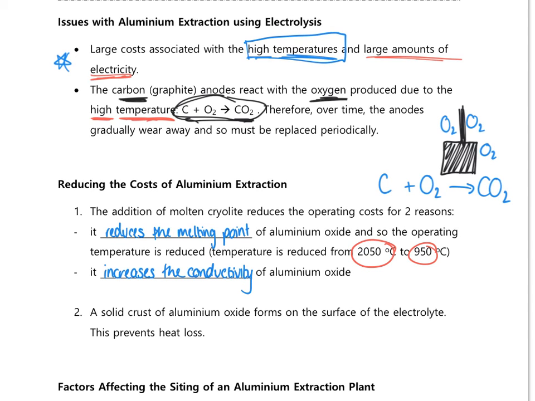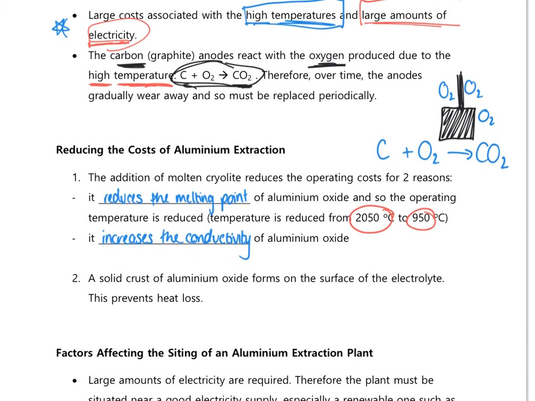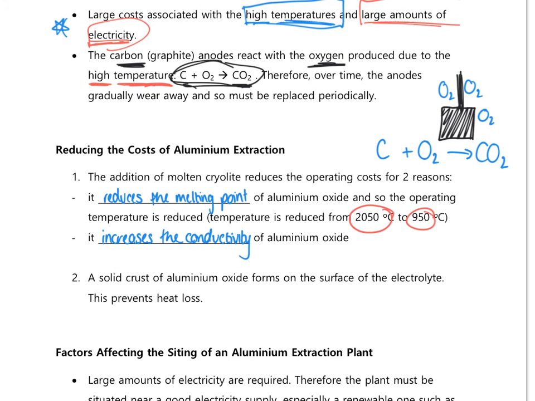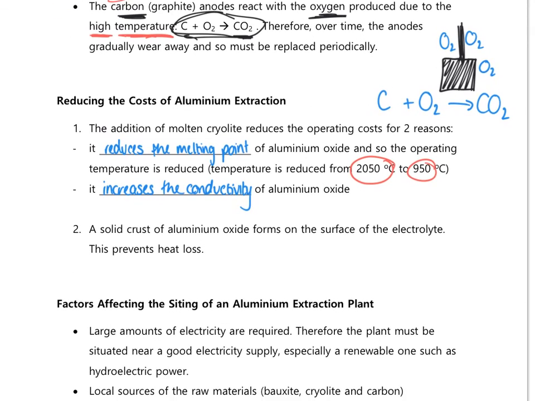But the second cost was because of the large amount of electricity involved. If I increase the conductivity of aluminium oxide, that benefits the amount of electricity I need to use. I don't need to use quite as much electricity because the conductivity is increased. So you may again be asked, why do you add molten cryolite during the electrolysis of aluminium oxide? And it would be for those two reasons.